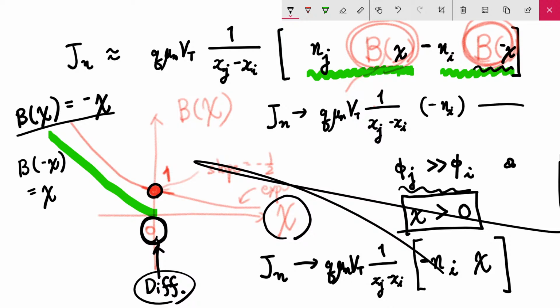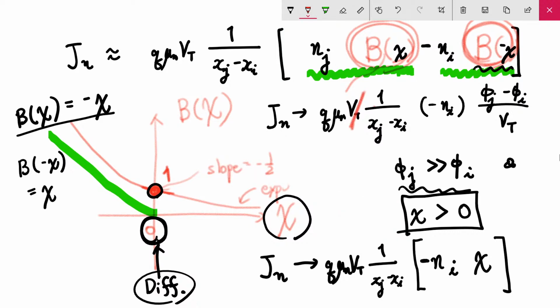And what is chi? Chi is defined as phi j minus phi i divided by V t. So this V t and the other V t cancel out, and finally you have minus delta phi divided by delta x, which corresponds to the x directional electric field.